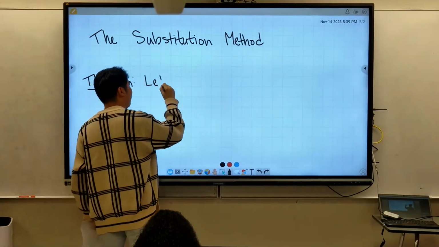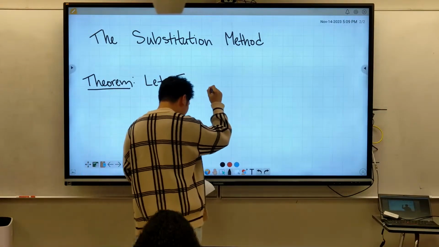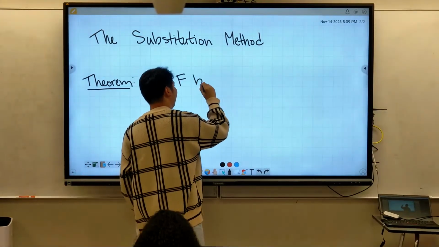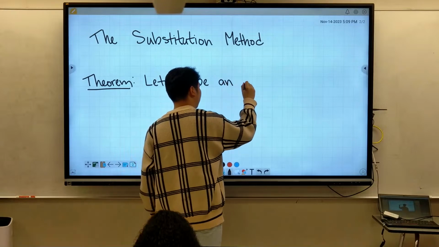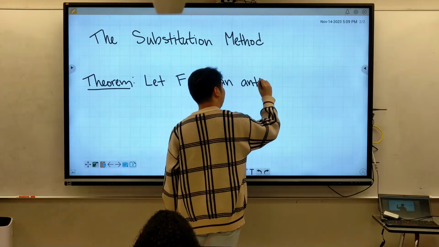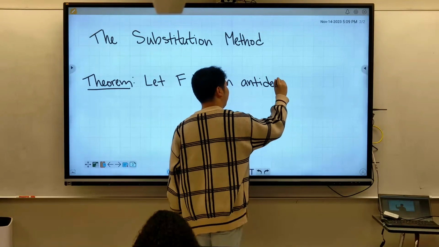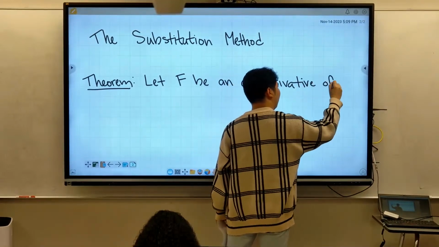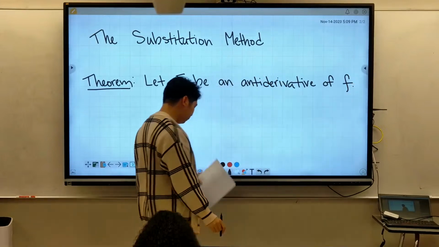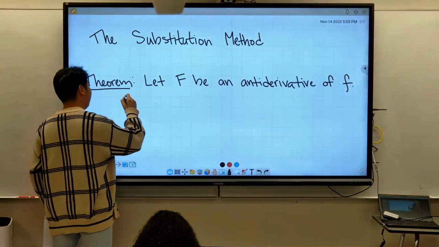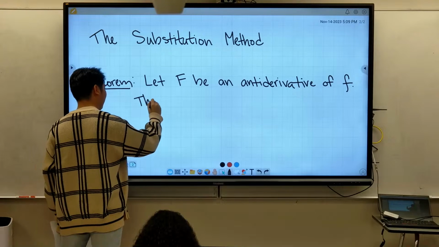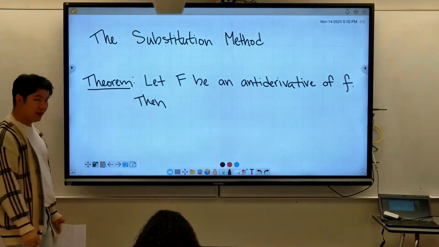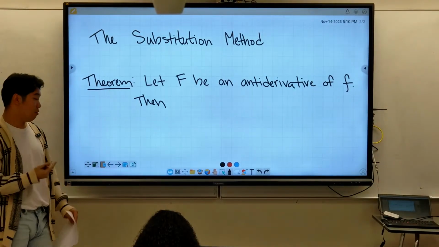Let's let big F be an antiderivative of little f. Then the following equality holds true.